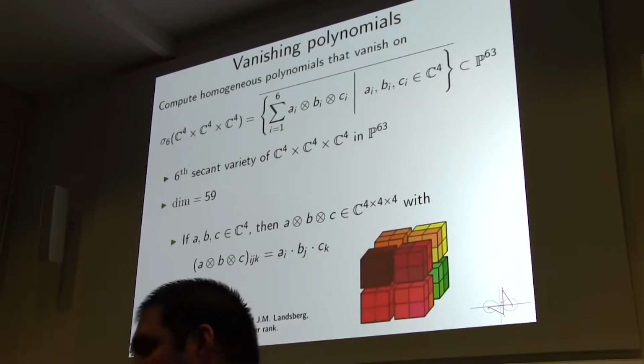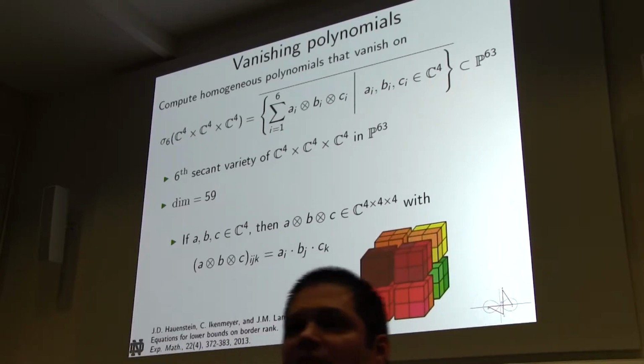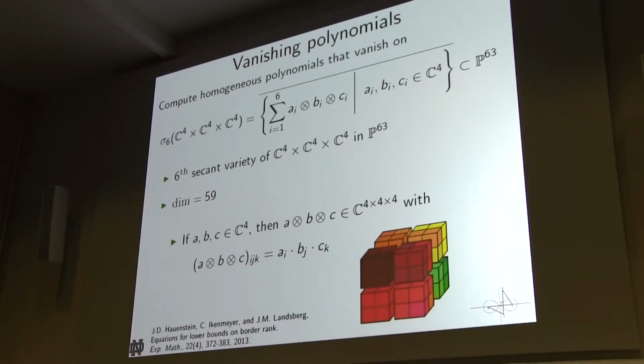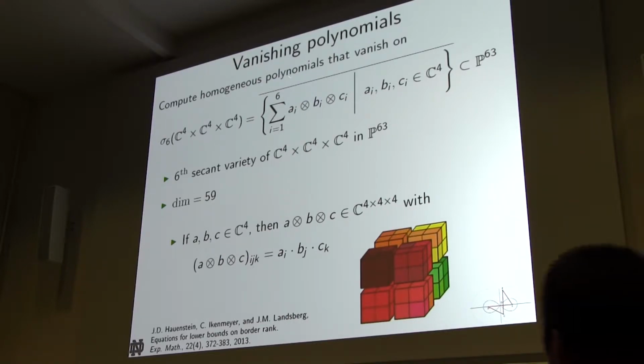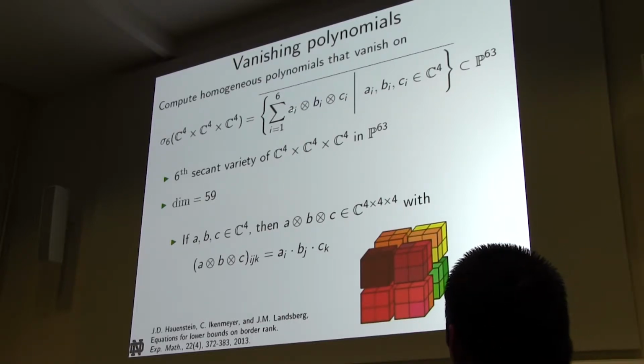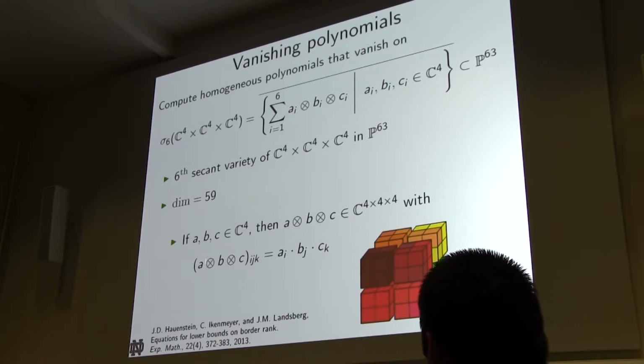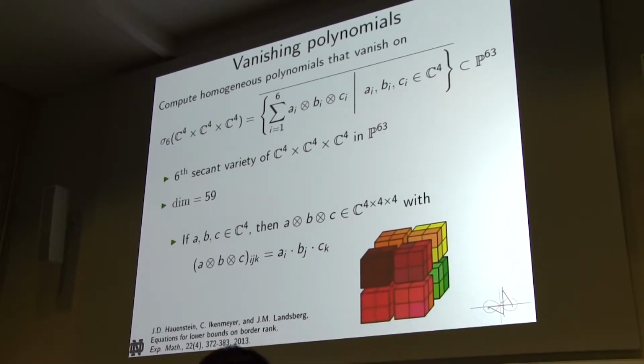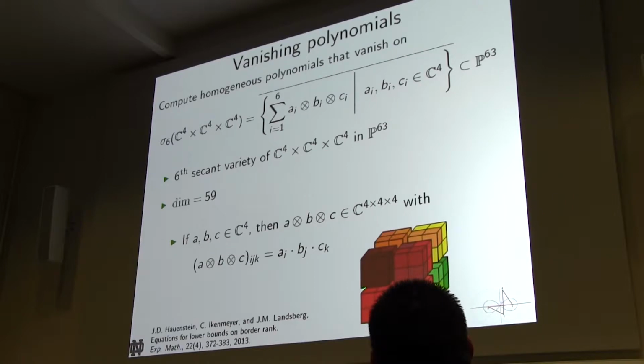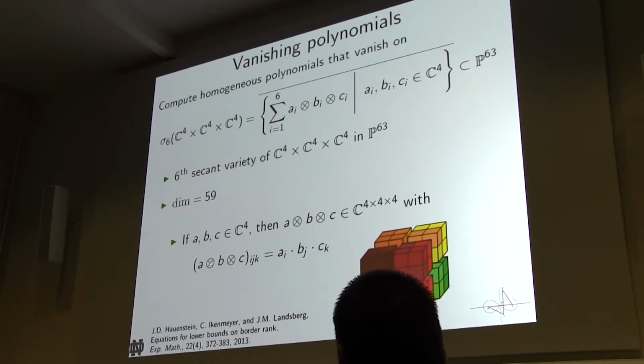And now you have a variety, and it's easily determined that its dimension is 51. Just in case we're unclear about the notation, this is the outer product or tensor product. So if you have 3 vectors in C4, then this defines a 4 by 4 by 4 tensor, where the ijk entry is just a_i times b_j times c_k.